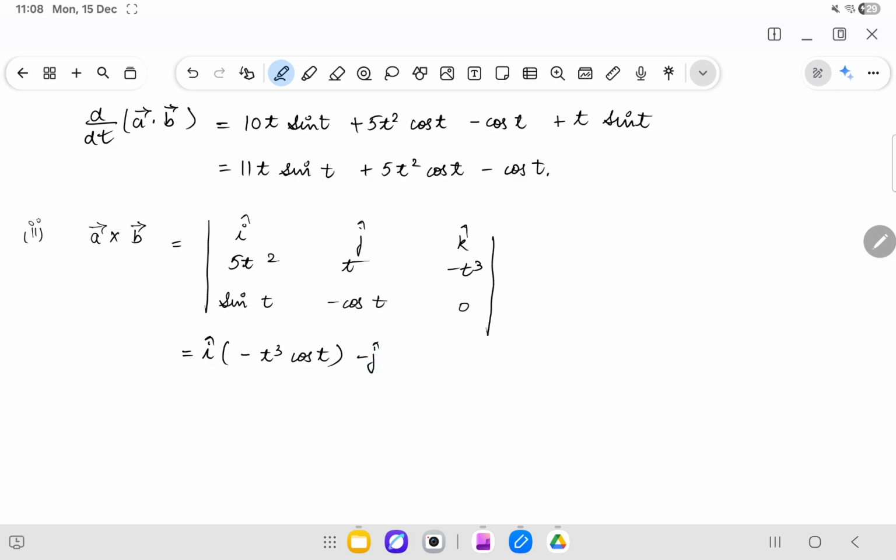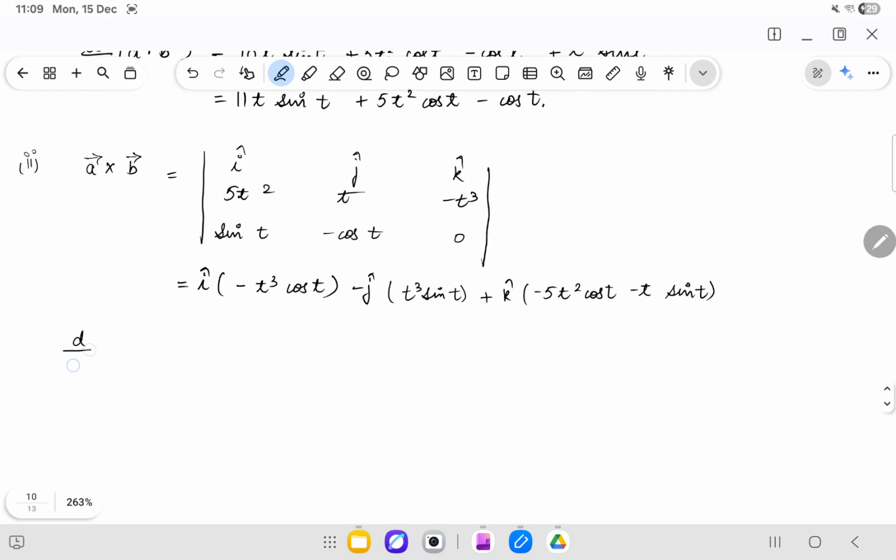minus j cap (t³ sin t) plus k cap (−5t² cos t − t sin t).